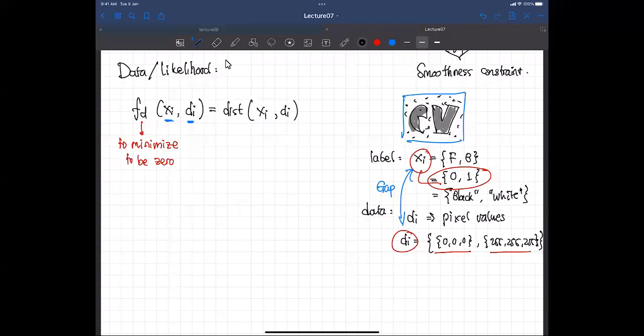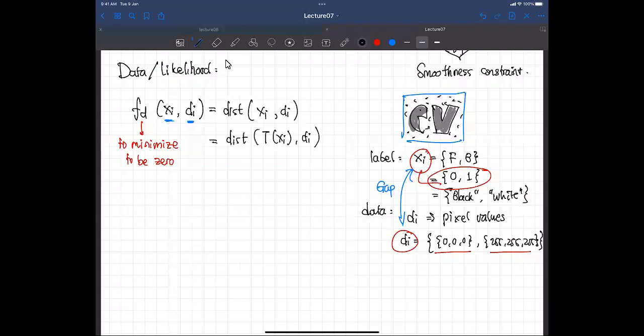Xi is only 0 and 1, but di has vectors, RGB vectors. So there is a gap between these two. For that reason, we have to transform xi into the same value as di. So the capital T function is to transform xi into di.